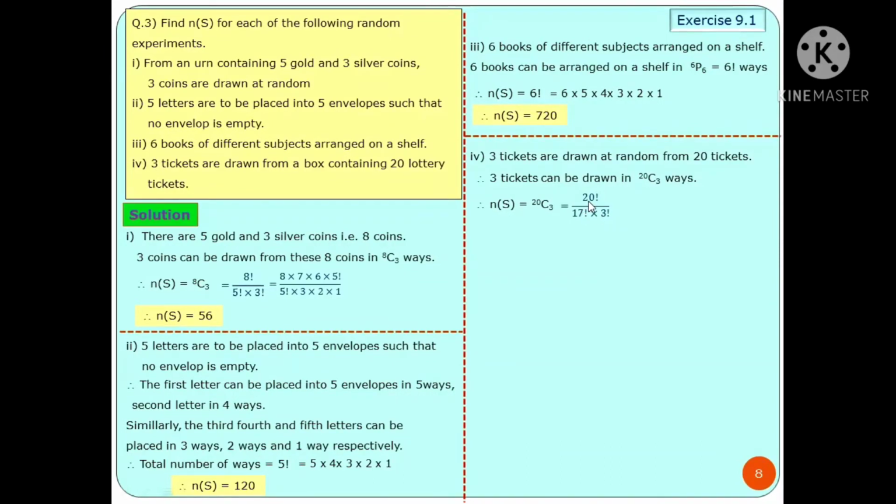Next, 20 factorial splits up to 17 factorial, giving 20, 19, 18, 17 factorial divided by 17 factorial. So 17 factorial and 17 factorial get cancelled. Next, 3 into 2 is 6, and 6 into 3 becomes 18. Then the product is 20 into 60 multiplied by 19, that is equal to 1140. The total outcomes in the sample space are 1140.